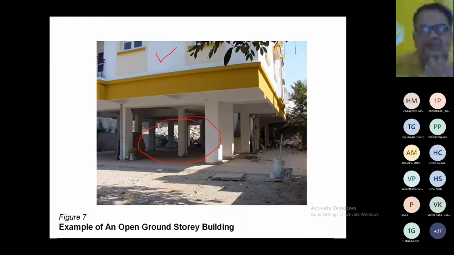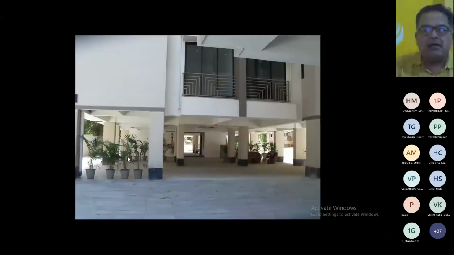What is the reason? The reason is, you see, in 2001, numbers of multi-story buildings were collapsed, and out of 100 buildings, almost 95 buildings collapsed because of this soft story, right? Because of this irregularity, right? Again, you can see this is the classical example of the soft story, right?